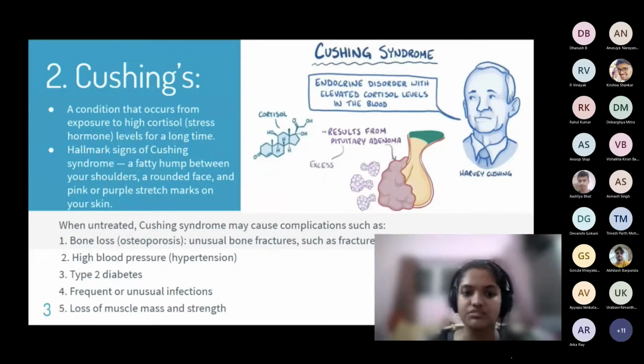But as you can see, Cushing's also has a fatty hump between the shoulders and overall enlargement of the face and some stretch marks in the skin. It can also lead to osteoporosis, hypertension or type 2 diabetes. And again, there is loss of muscle mass and strength in this syndrome.